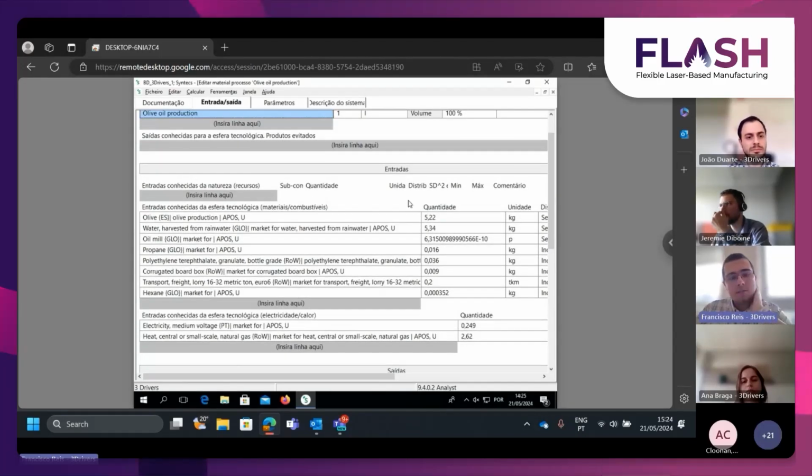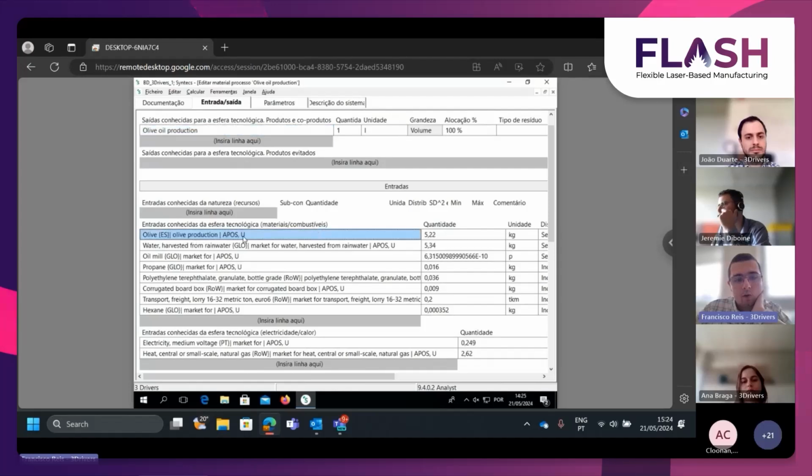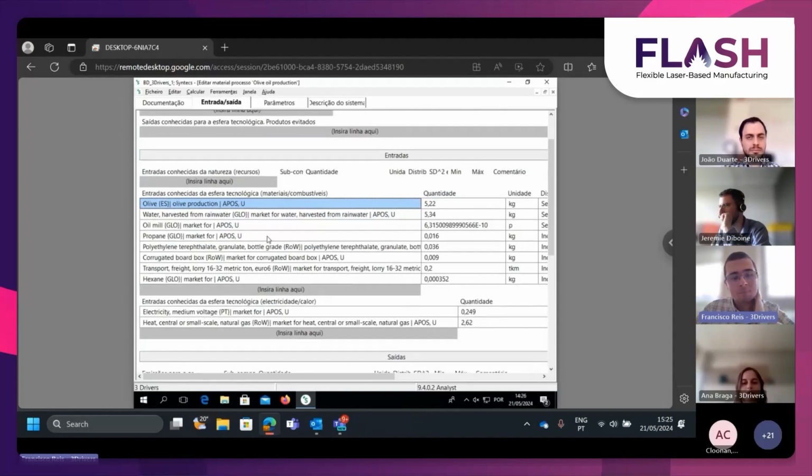You see that to produce the olive oil, we need the olives, which are produced in Spain in this case. And then the materials and processes to refine the olive oil from those olives. Then here you have the known inputs from technology, electricity and heat.